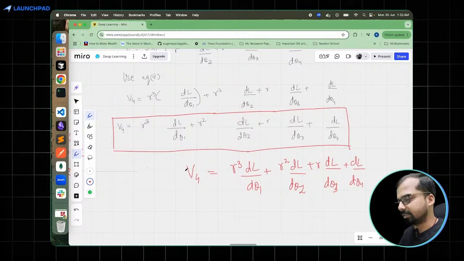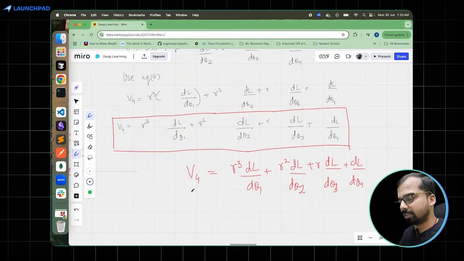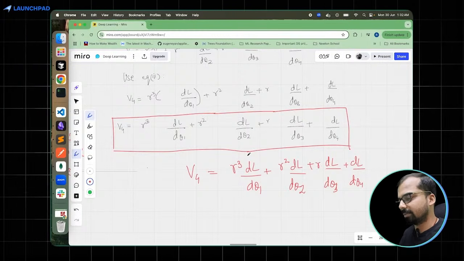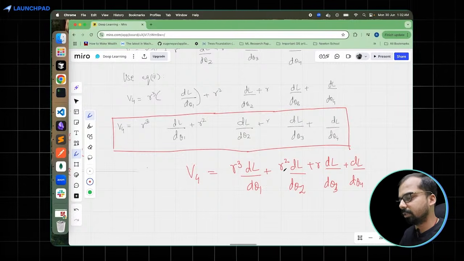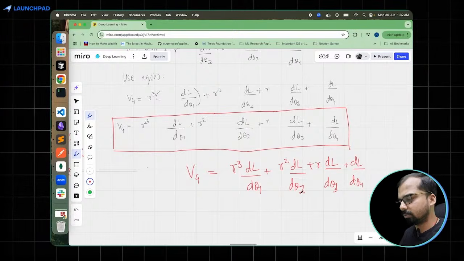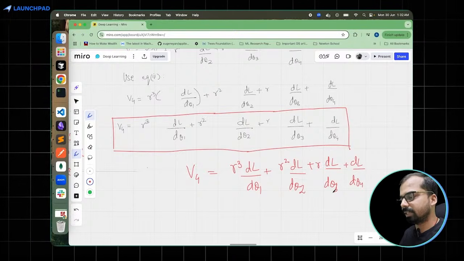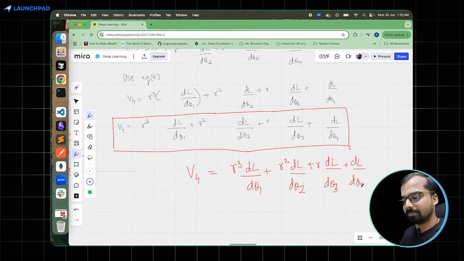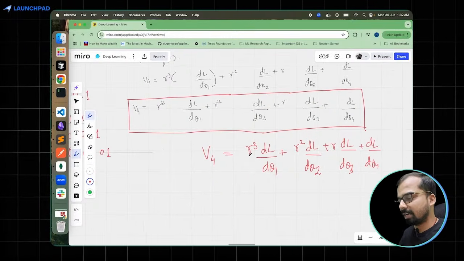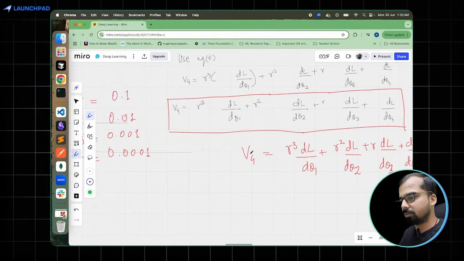You'll get something like this equation. So velocity at 4 is actually coming out to be gamma cube times dL by d theta 1, gamma square times dL by d theta 2, plus gamma times dL by d theta 3, plus dL by d theta 4. Now gamma is a small number between 0 and 1.